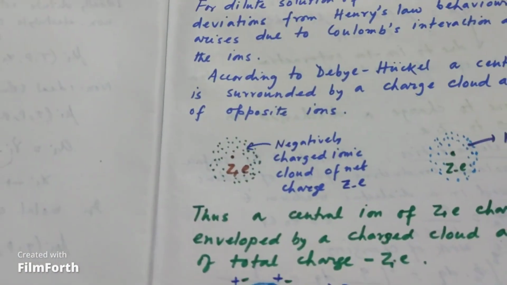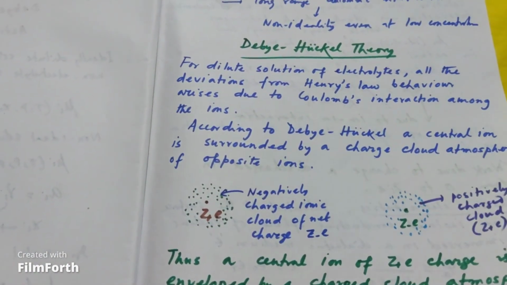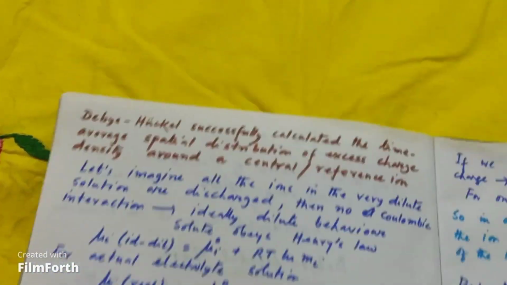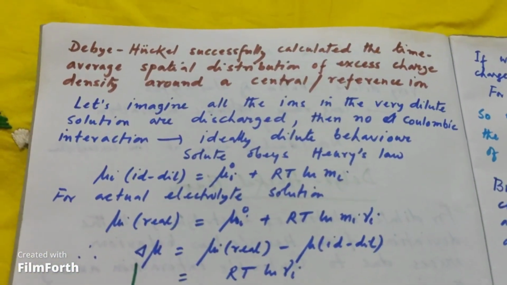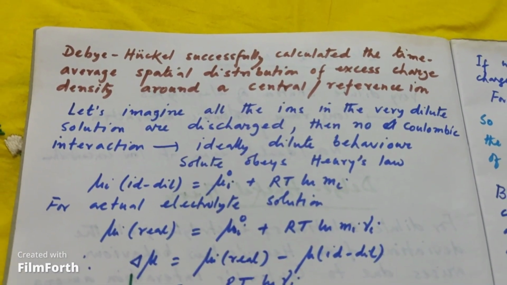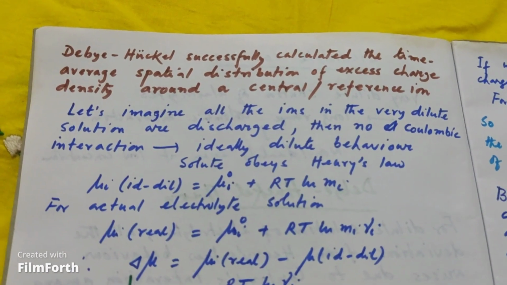So this is the ion atmosphere concept of Debye and Huckel. Now, Debye and Huckel successfully calculated the time average spatial distribution of excess charge density around a central or reference ion.